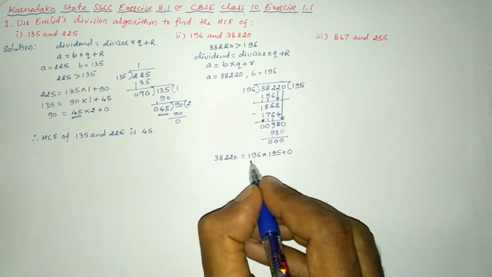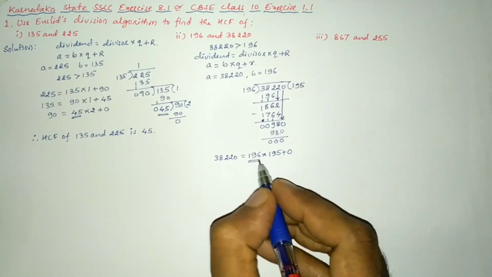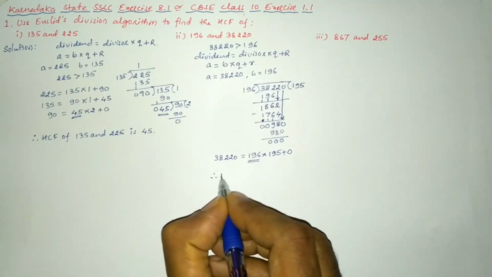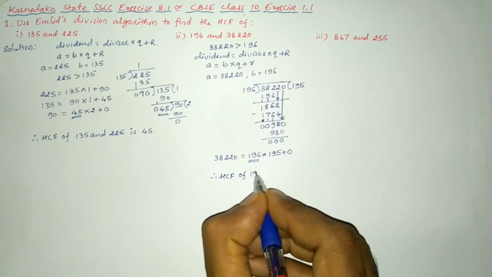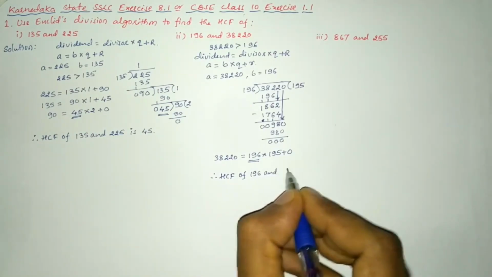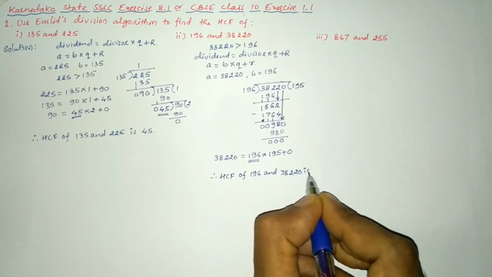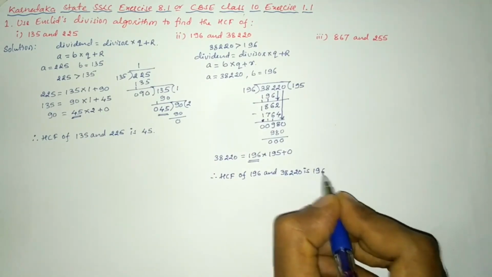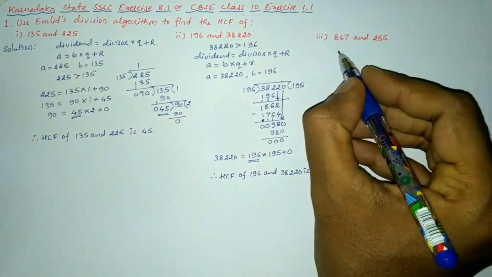Now here the divisor 196 will become the HCF. So therefore we can write HCF of 196 and 38,220 is 196.